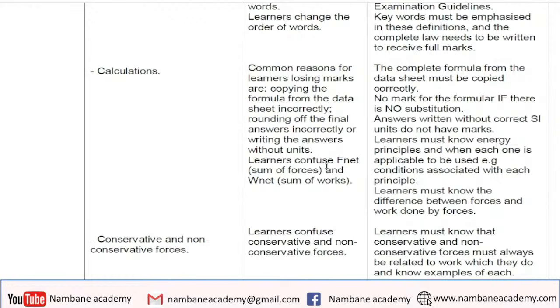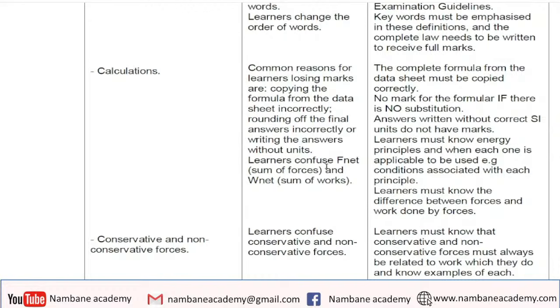They just say the force that is on the path taken or the force that is independent of the path taken. And remember what I said earlier, if it is not as it is in the formula in the examination guideline, it is wrong.